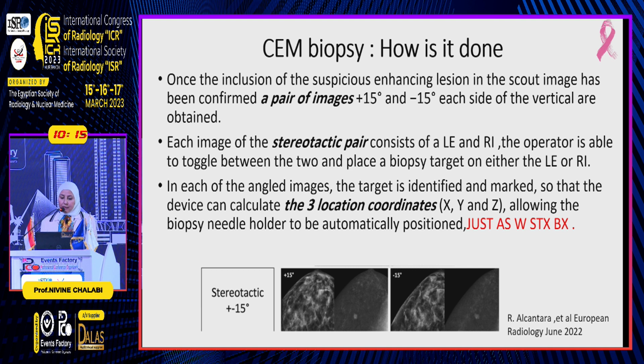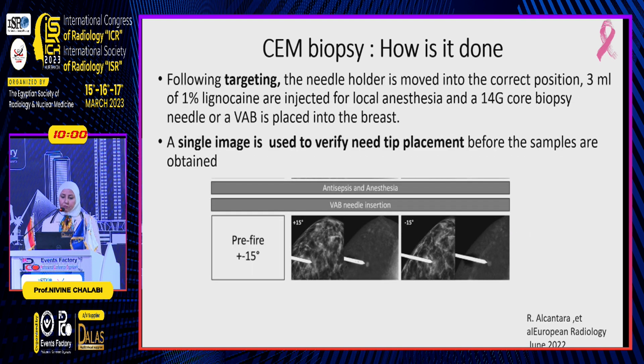After the angled images are taken, the target is identified and sent to the machine so that the device can calculate the 3 location coordinates, X, Y, and Z, allowing the biopsy needle holder to be automatically positioned, just as with the stereotactic biopsy. Following targeting, the needle holder is moved into the correct position. 3 milliliters of lignocaine are injected for local anesthesia, and we would use the 14 gauge core biopsy or the VAB, which is mostly preferable.